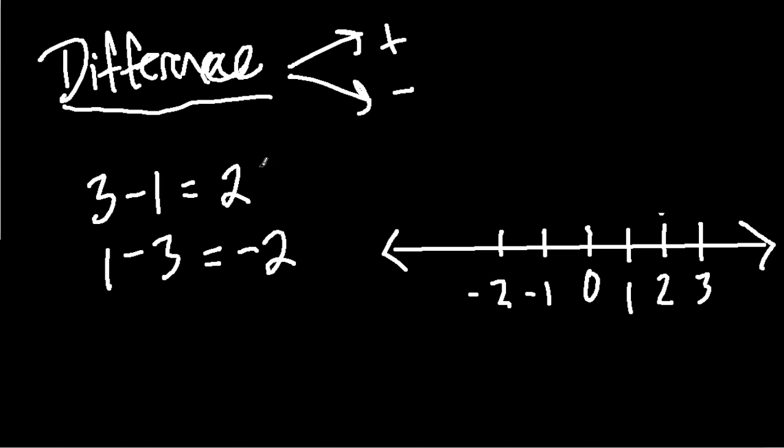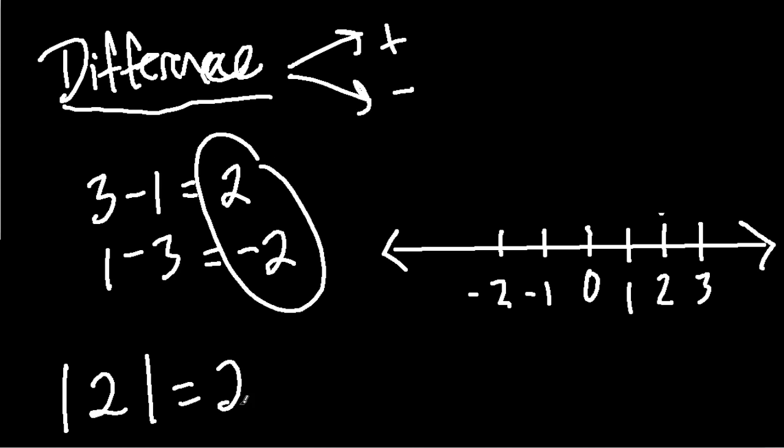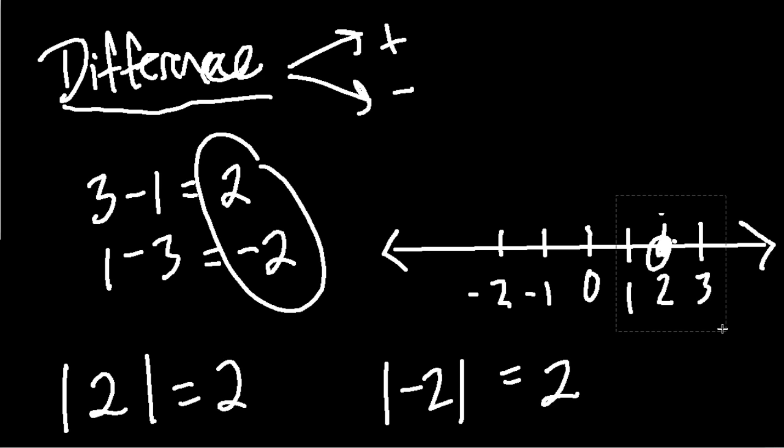What's the relationship? Well, if we look at 2 and negative 2, they both have the same absolute value. Positive 2 up here is 2 units away from 0. That's absolute value. Negative 2 is over here, but it's still only 2 units from 0. And what if we looked at the distance between 1 and 3? What would we find? Well, let's just quickly sketch that on our number line.